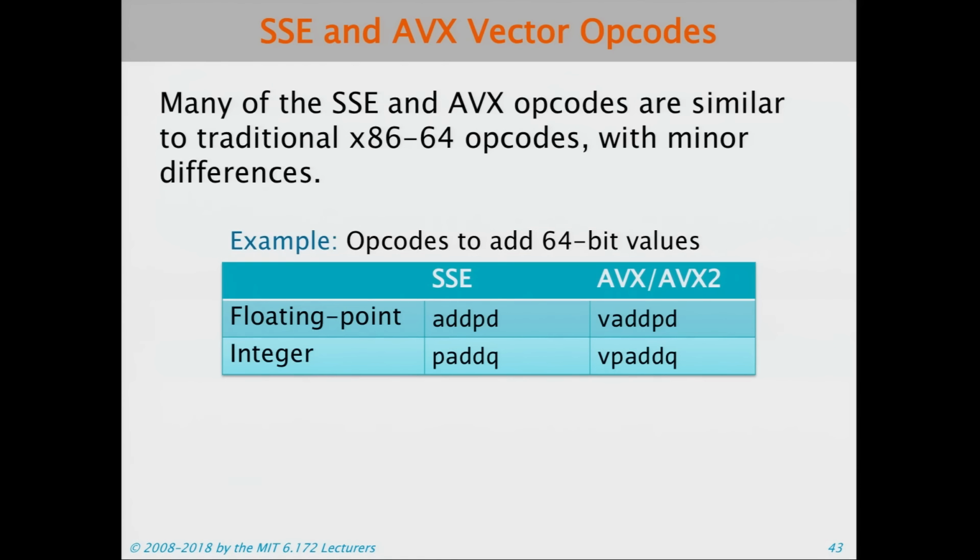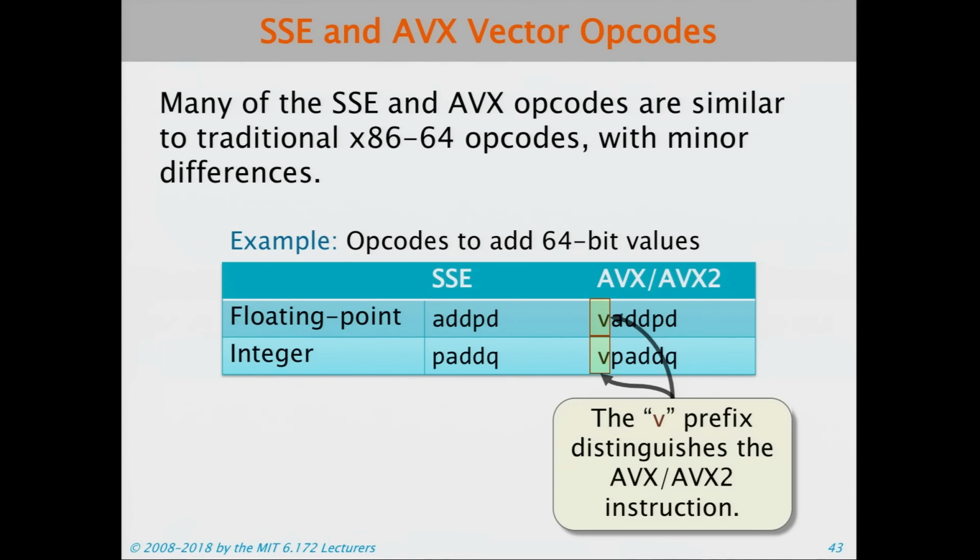Most of them are similar to traditional opcodes with minor differences. If you have an SSE instruction, it looks just like the traditional name, like add in this case, but you can then do a packed add, a vector operation with packed data. The V prefix says it's AVX, so if you see V, you go to the part in the manual that says AVX.